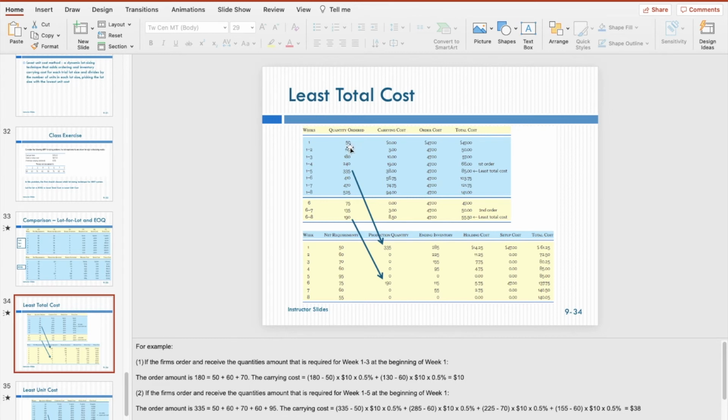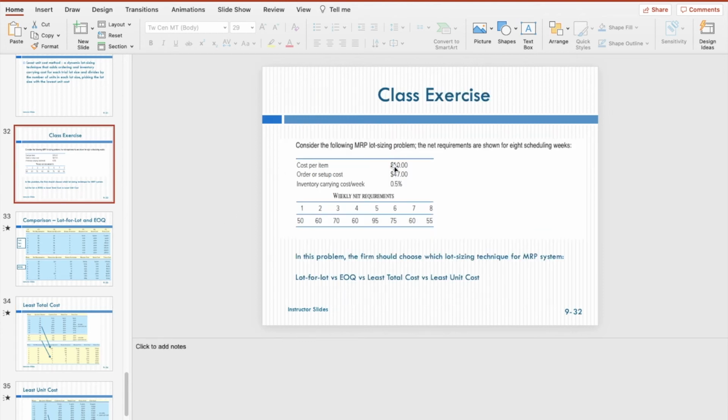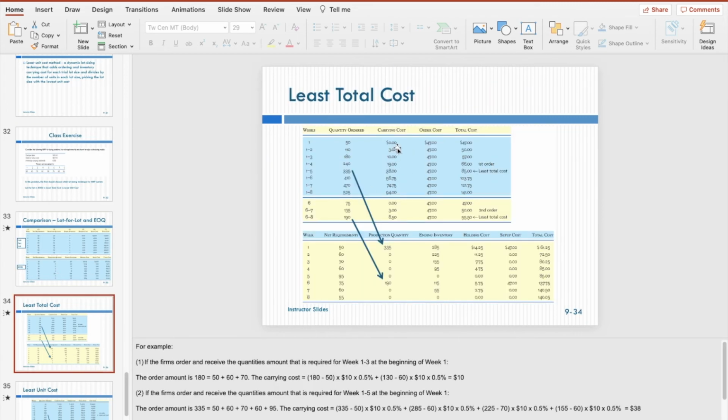You still have 60, because that 60 is already prepared for the second week. So 60 is the inventory still within your warehouse. So 60 times 10 times 0.5% is the corresponding carrying cost, which is 3.